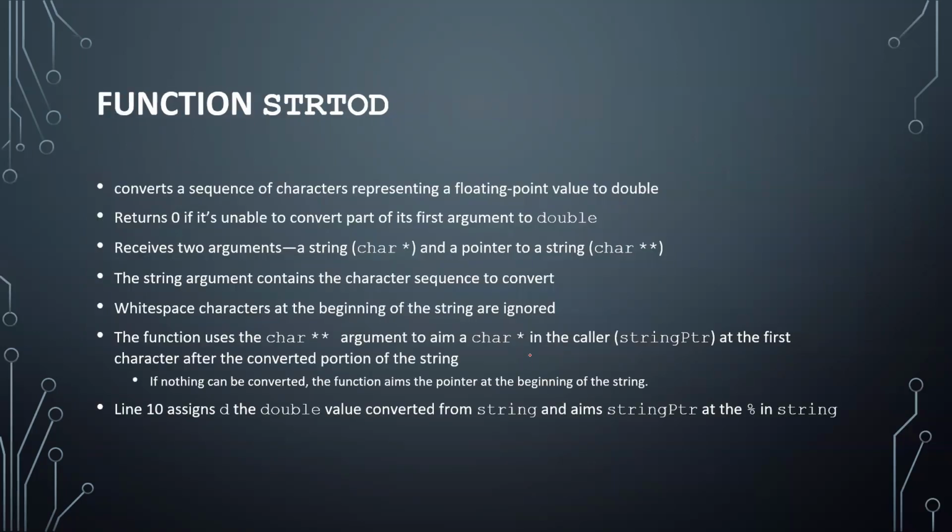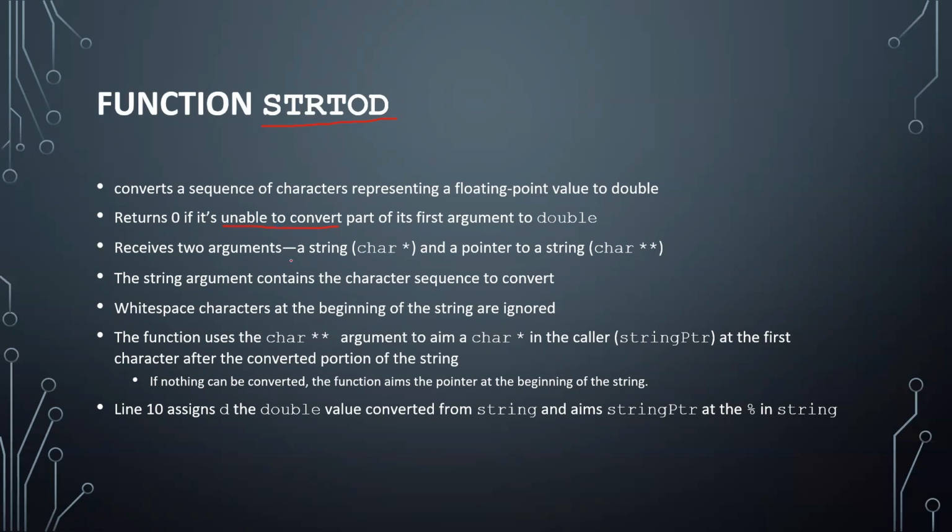Let's take a look at this string to double, strtod. What it's going to do is convert a sequence of characters representing a floating point to a double. It's going to return 0 if it's unable to convert part of the argument to the double. So if there's something in there that says, hey, I'm not a double, I can't be a double, it is going to return 0.